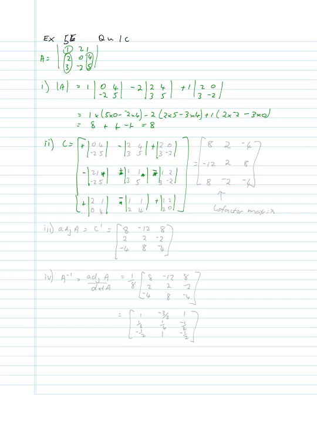So we've got plus, minus, plus going down, negative, plus, minus, plus, and we'll have 0, 4, negative 2, 5, 2, 3, 4, 5, 2, 3, 0, negative 2, which is what we had just done in the first part of the question, finding the determinant.